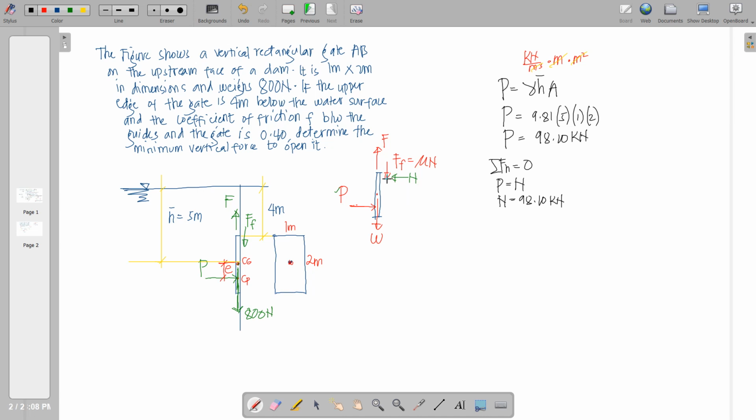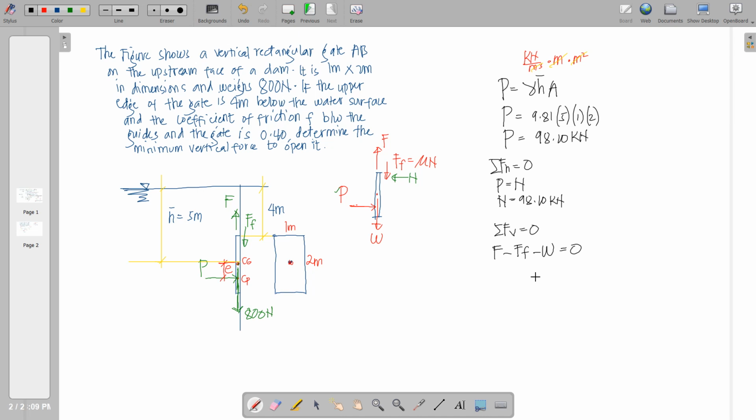Hence, the frictional force can be connected to the unknown force as well as the weight by summation of forces vertical equal to 0. First, we have going upwards F, less going downwards the frictional force, less the weight of the gate, and those will be equated to 0.